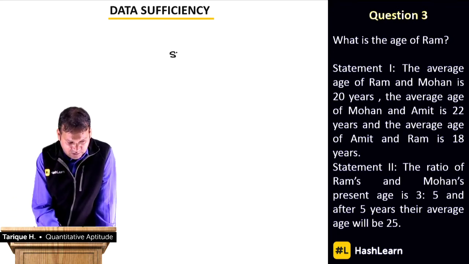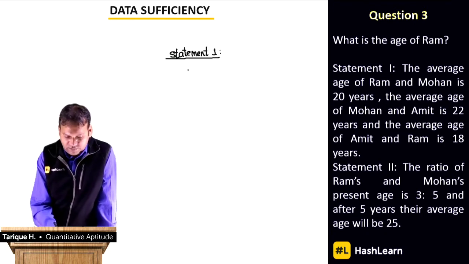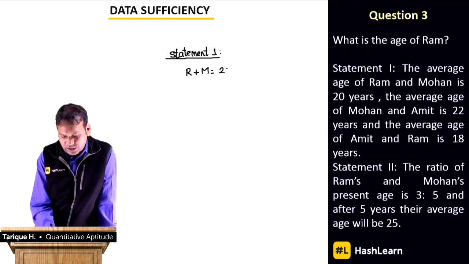What is statement 1? The average age of Ram and Mohan is 20. So if the average age is 20, then the total age of Ram and Mohan will be 2 into 20, that is 40.